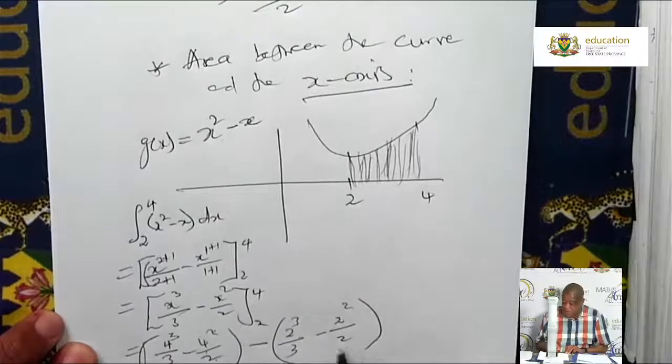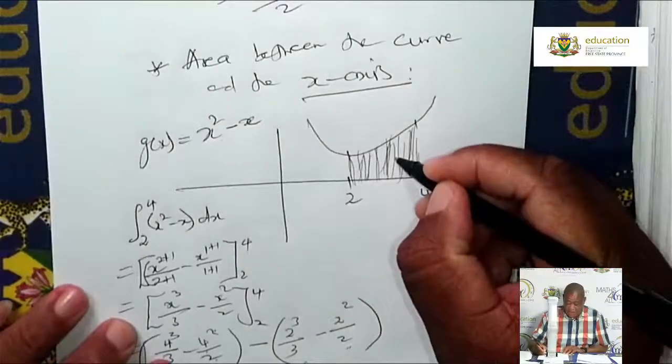And then you just have to simplify and get the answer. The answer we get when we simplify these two brackets will be the area.